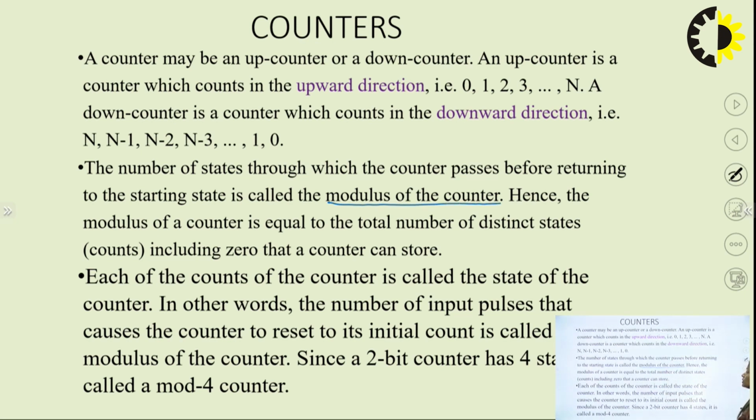The modulus of the counter is a very simple concept: it is nothing but the number of states the counter passes through. If I want to count from 0 to 3, the counter will count 0, then 1, then 2 and then 3. So there are 4 states, and for such a counter the modulus will be 4.